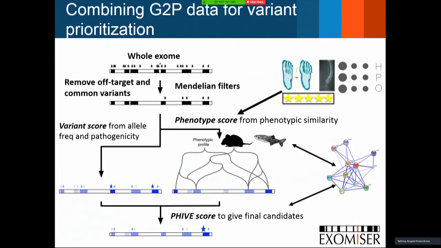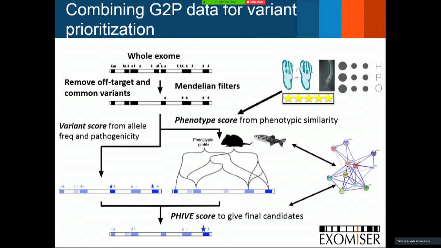So this approach is combined together with more traditional variant prioritization methods in a tool called Exomiser, which Damian Smedley is going to talk about more tomorrow, but just to give you a quick introduction. Basically you take the whole exome, you remove off-target common variants, you apply Mendelian filters, you have your family, you get a variant score, and you can combine that with this phenotype score as well as with protein-protein interaction data or other kinds of data like I showed you to help have a guilt by association type of approach.